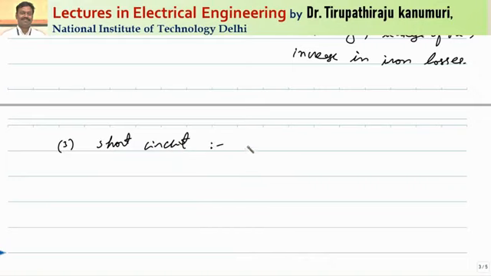The short circuit fault, again, can be either internal or external. The internal faults happen due to insulation failure.